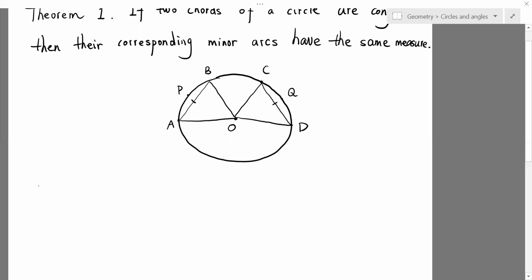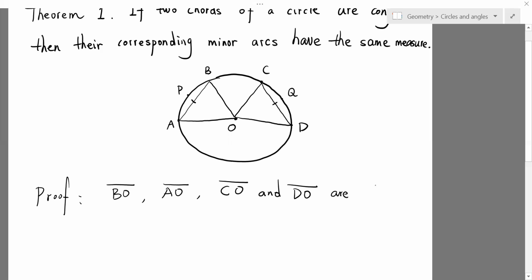And the reason is simply because we observe that the line segments BO, AO, CO, and DO are all radii of the circle in question.